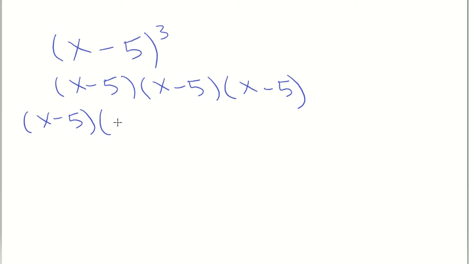So x times x is x squared, that's positive. x times a minus 5 is a minus 5x. Minus 5 times x is also minus 5x. Minus 5 times minus 5 is a plus 25.